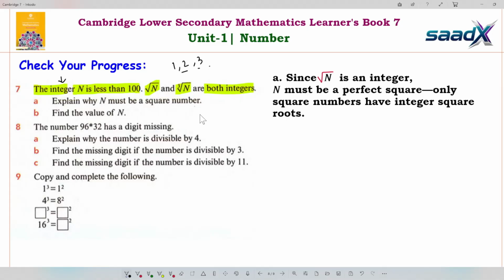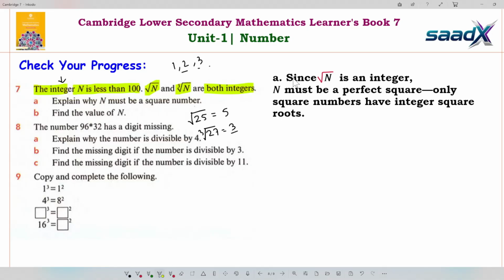It means, suppose 25, once we take the square root it will be 5, it's an integer. Similarly, the cubic root of 27 will be 3, an integer. So we have to find out, explain why n must be a square number.